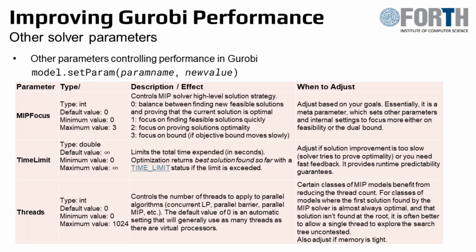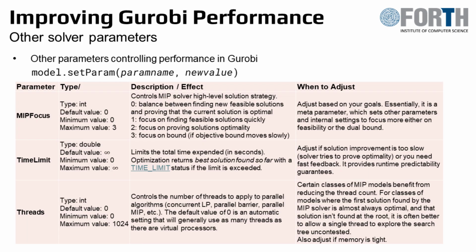If MIPFocus is set to 1, the solver prioritizes finding feasible solutions quickly. This is useful when obtaining a good incumbent solution early is more important than closing the optimality gap immediately. If it is set to 2, the solver emphasizes proving optimality. This may be appropriate when a high-quality solution is already known, and the main goal is to certify optimality.